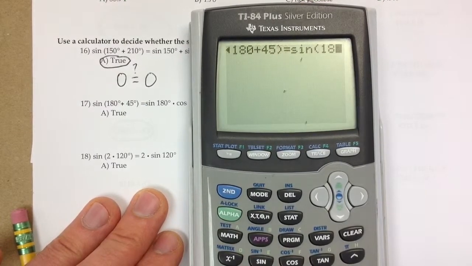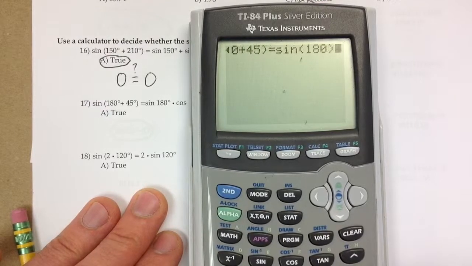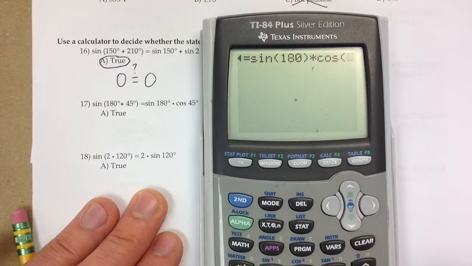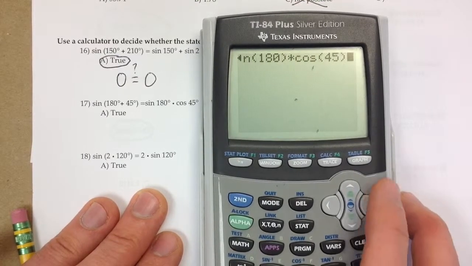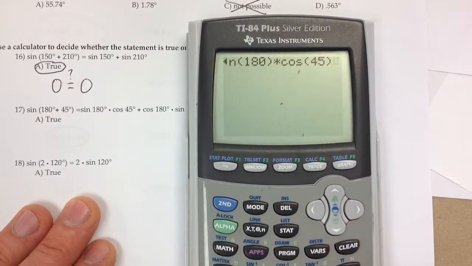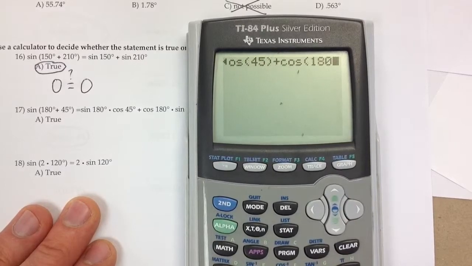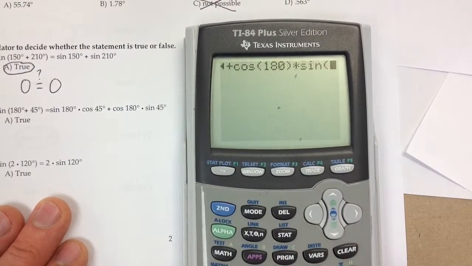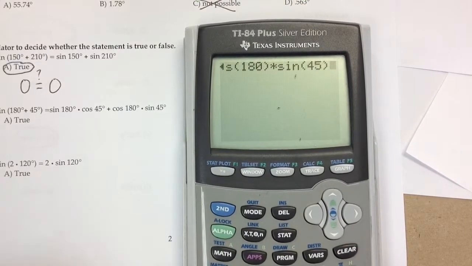Sine 180 close paren times cosine 45 close paren plus cosine 180 close paren times sine 45. And then let's hit enter. It gives us the number 1. Guess what that means? It's true.